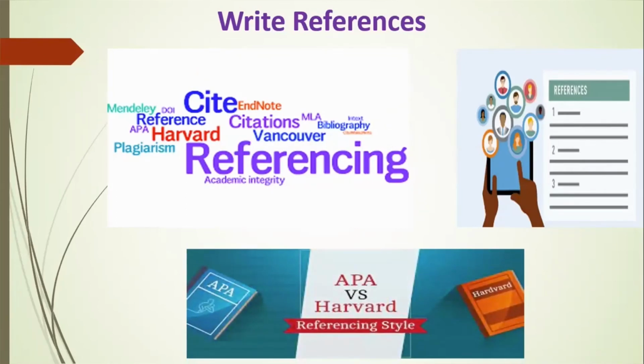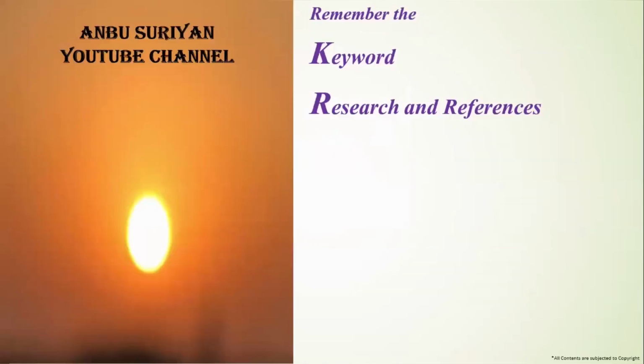Based on your university, whichever referencing style is adopted, go for it. It could be APA, it could be Harvard, or it could be other things. So you have to read your referencing style guide. Based on the citation method, you can start to save your references side by side in one document. That will be helpful for you.